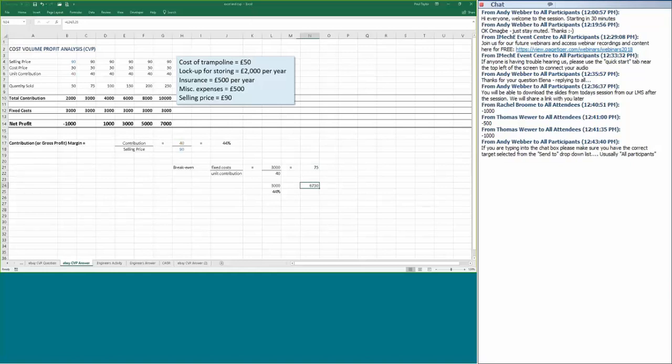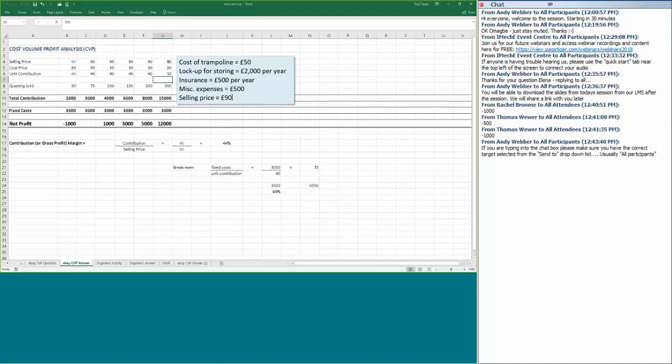And you can see here in Excel that I've just dragged across this calculation, and then I can start to play around and say, well, what if I was to drop the selling price from 90 to 80, but I was to then sell 500? What would my profit be?